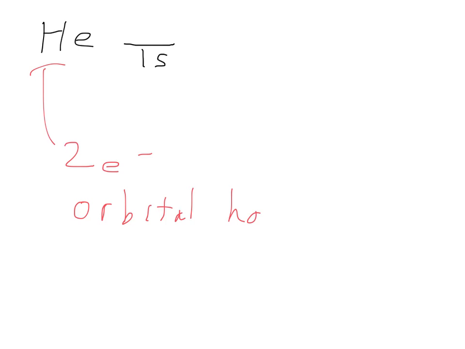Helium's in the first row, so it's first energy level, and helium, remember we said, belongs in the s block. How many electrons does helium have? Helium has 2 electrons. We need to place our electrons in that orbital, because every orbital holds 2 electrons.